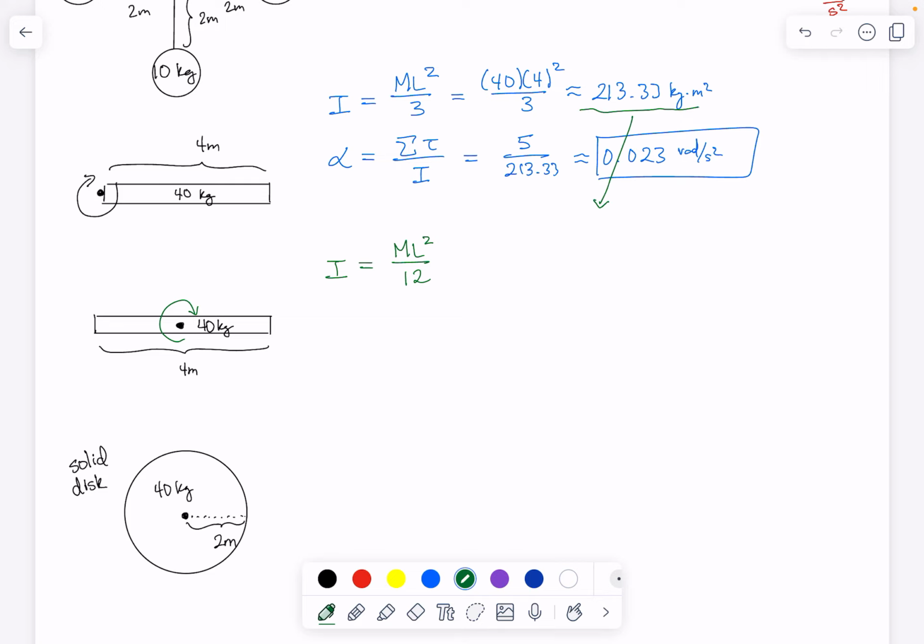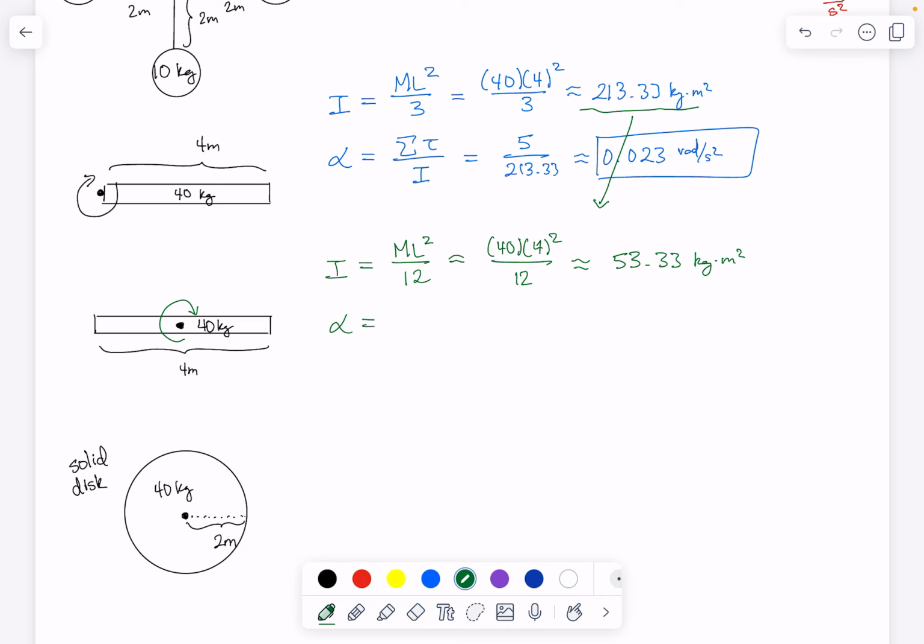It's off by a factor of 1/4, so we would divide that number by 4. But you can see this as well if you just plug in the numbers. 40 times 4 squared over 12. What is that going to give you? 40 times 16 over 12, we get 53.33 repeating.